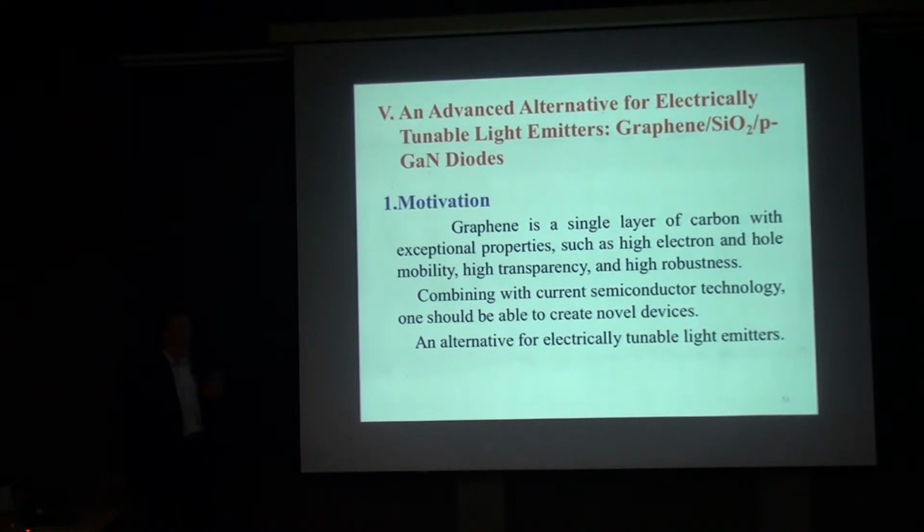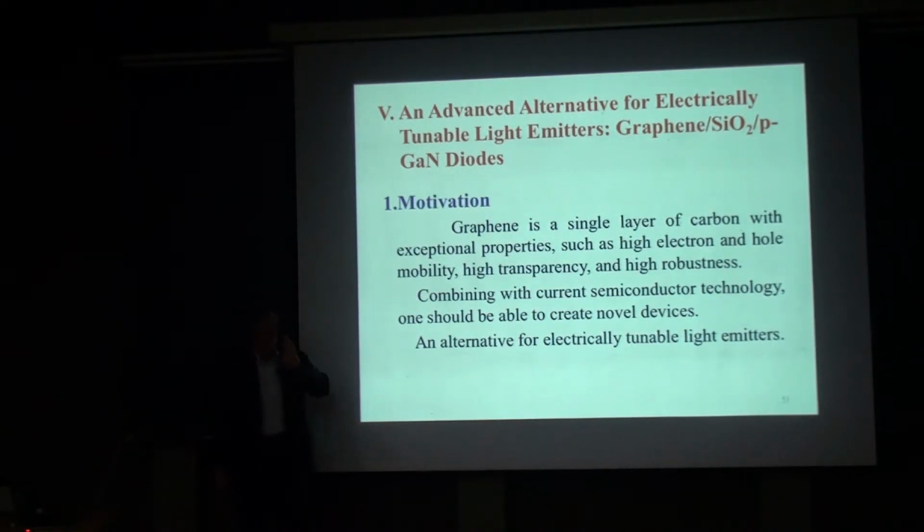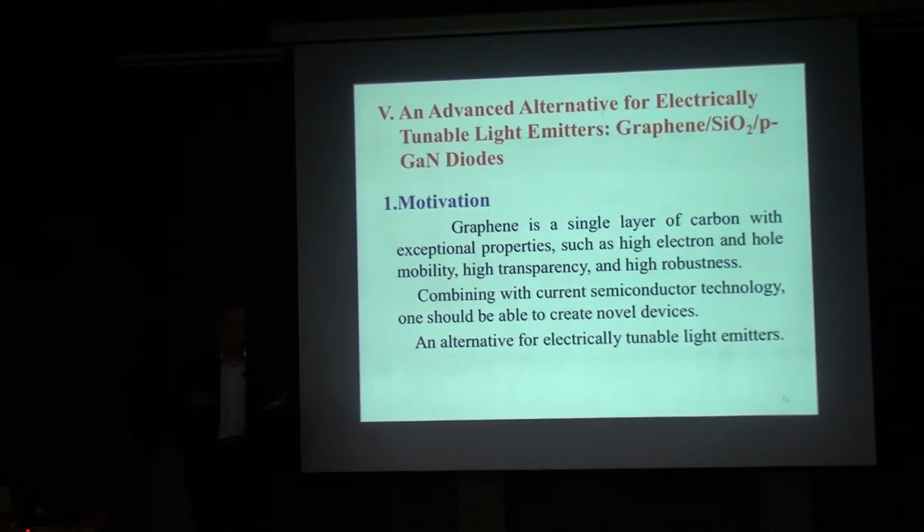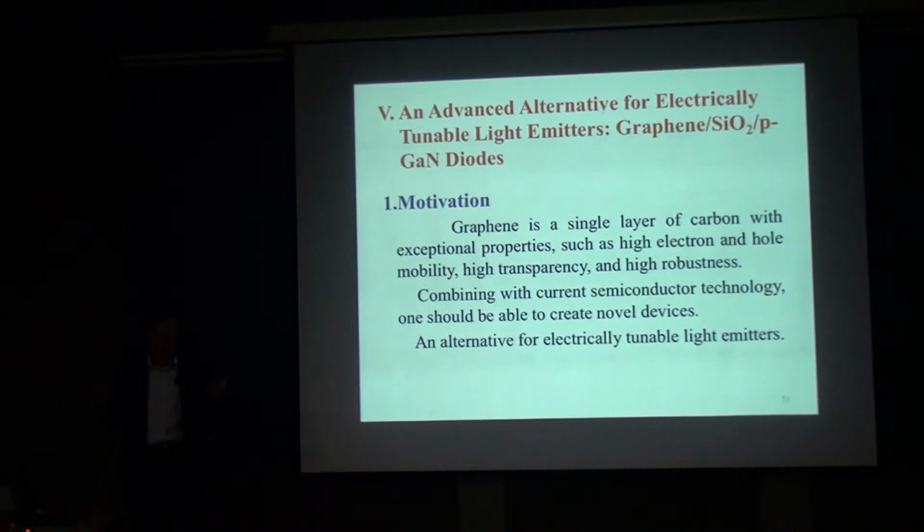We just need a semiconductor thin film and a very thin insulating layer, and on top of that a graphene sheet. This is a very simple structure, and with it we are able to have a light emitting device. Because it is not based on the PN junction, the working principle is very different from the conventional one.